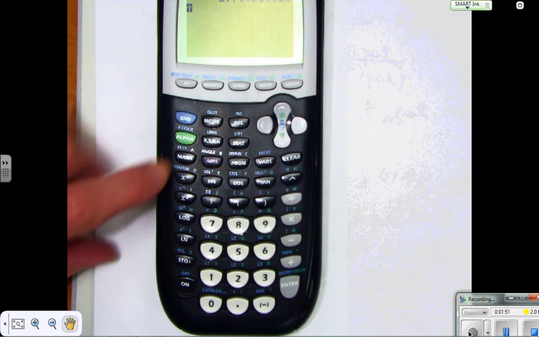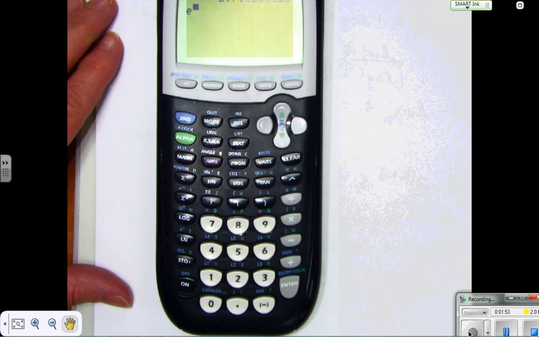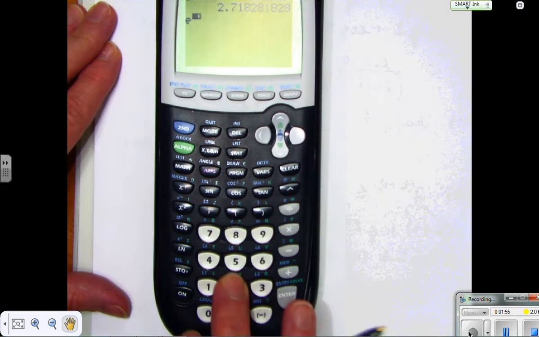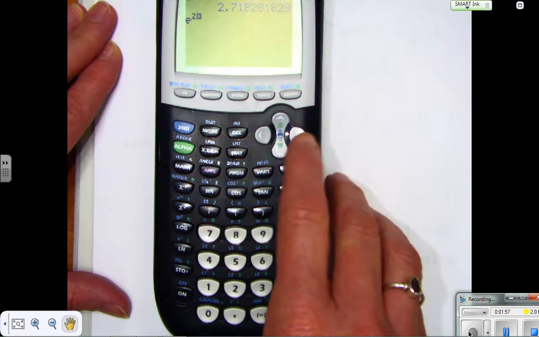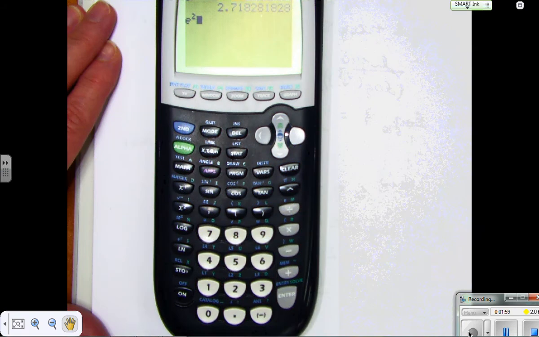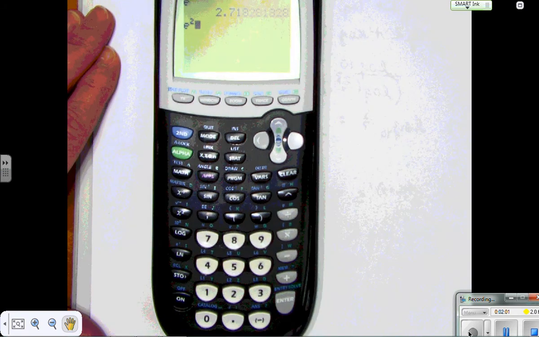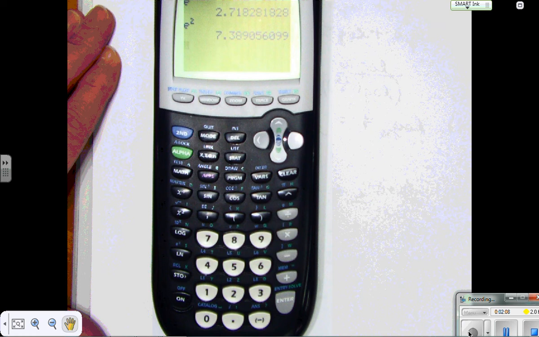So second, e, you get the flashing exponent. I'm just going to put in a 2 to square it. Then you have to remember to get off of the exponent. If you have it flashing up there, I always have to arrow over to get it down from the exponent. And that's your e squared, 7.38905, and on and on.